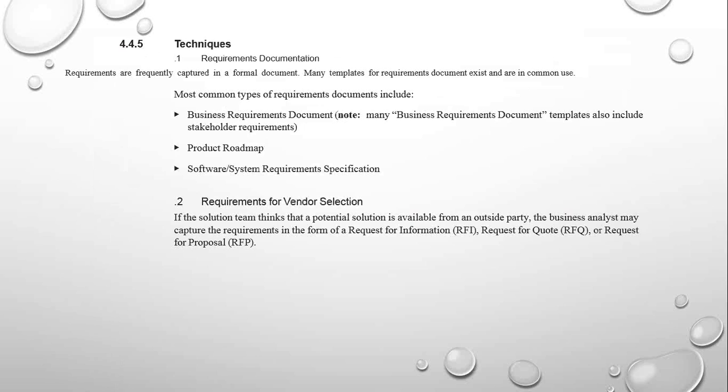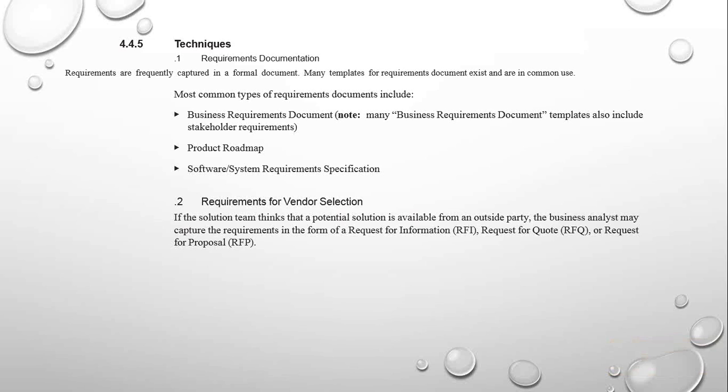These are the techniques which are part of requirement management and communication. Requirement documentation. Throughout this chapter, we will see there is a lot of emphasis on documentation. As it says, the requirements are frequently captured in a formal document. Many templates for the requirement document exist and are in common use.